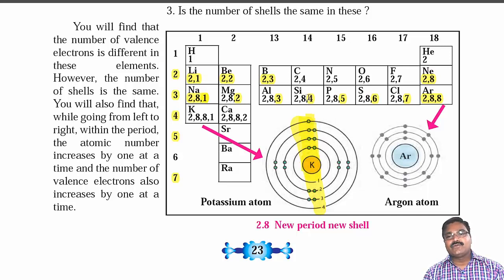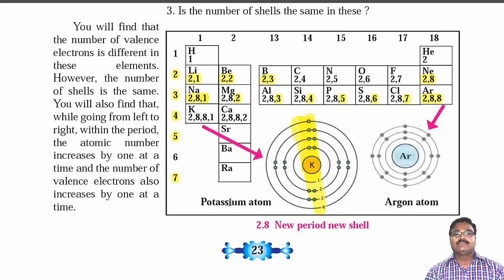And of course all the non-metals are placed on the right side of the periodic table, and metals are on the left side. And from this information you can also state that metallic character goes on decreasing from left to right across the period. Now let us see what happens down the group.